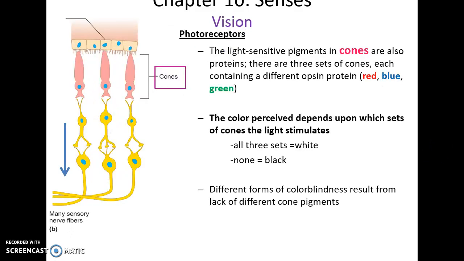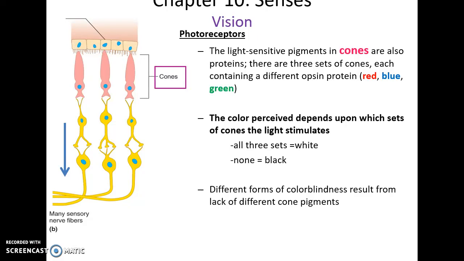The cones are also light sensitive, but they are broken down into three sets for the three different kinds of color: red, blue, and green. The chemicals in them that absorb the energy of the photons are the opsin proteins, which are very closely related to the rhodopsin of the rods.